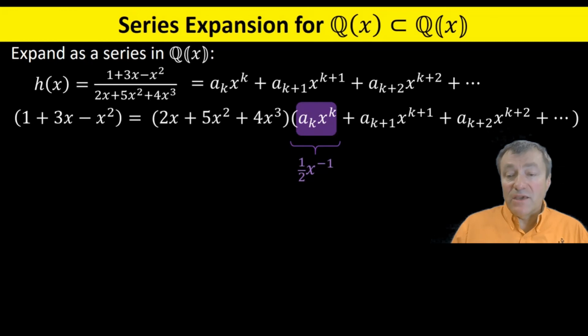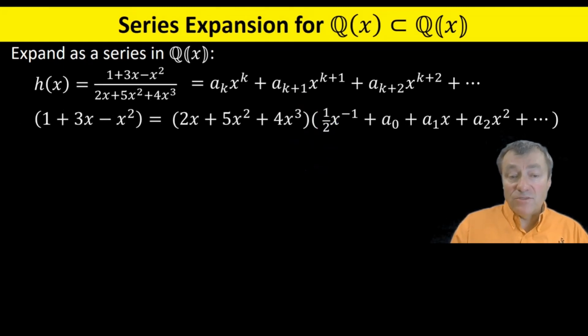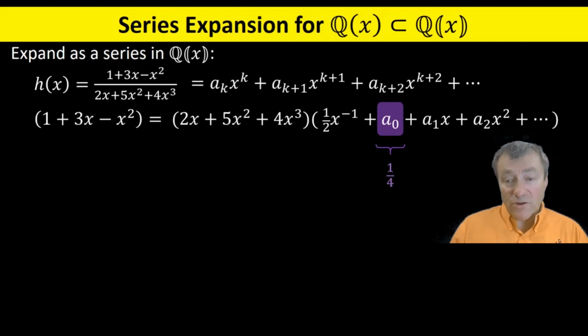It would have to be half times x to the minus 1. And fill this in, and now expand stuff out and compare terms, and the next term is the a0 term. If you start solving, equating coefficients, you get a0 is 1/4.